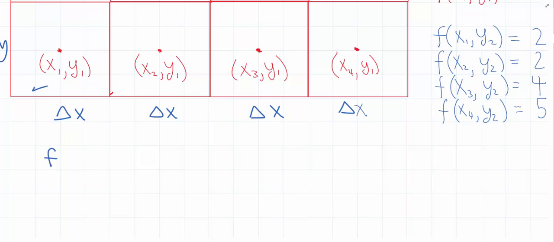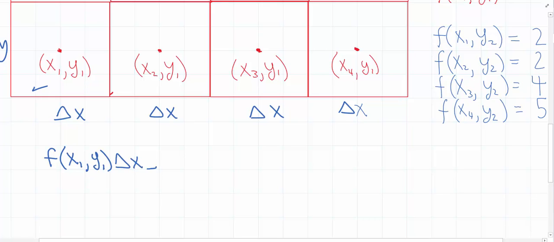The delta y is the same for each prism, just for simplicity's sake. Now, notice what I have. The volume of this first prism is going to be the height times the area of the base. Do y'all see that? So the area of the base is delta x delta y. Does everybody see that?